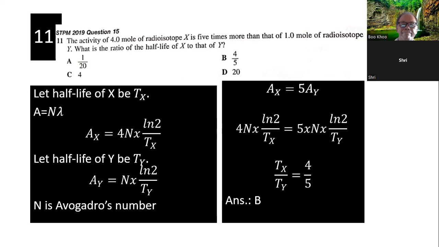Then we replace the activity of X, which we have calculated, and the activity of Y. Yep. Which one still not clear? 5 is from here. Clear, teacher. Okay, let's go to the next question then.